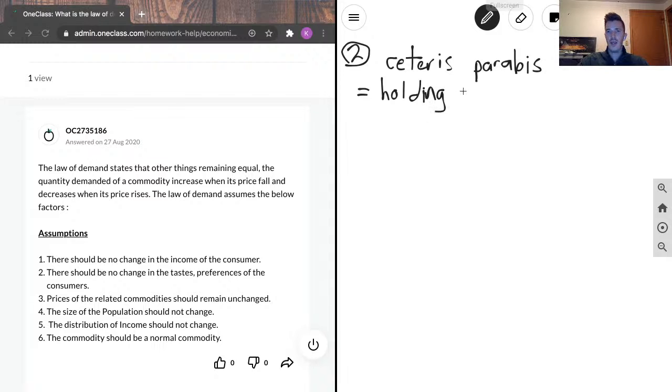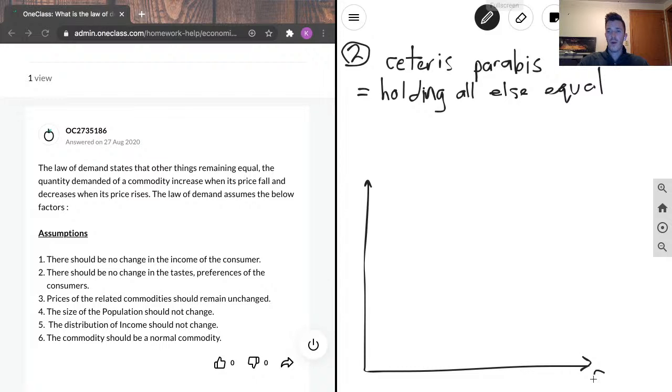I'm sure you've seen a supply and demand graph before, but I will draw it anyways. So of course we've got our quantity on the x-axis and our price on the y-axis.